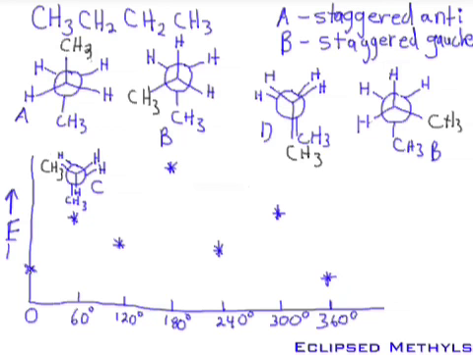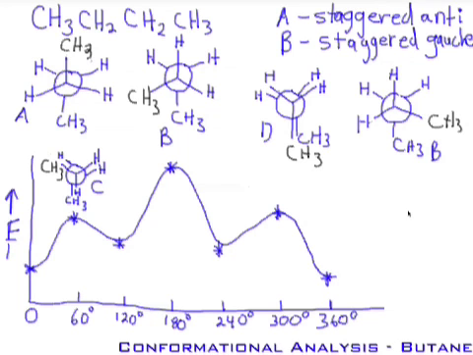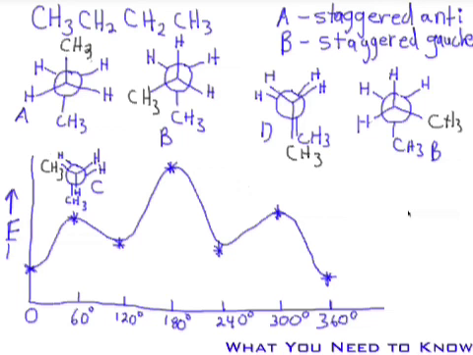Now, if I join these, I end up with a curve that looks like this. And this is the type of curve that is observed in the conformational analysis of butane along the carbon 2-3 bond.